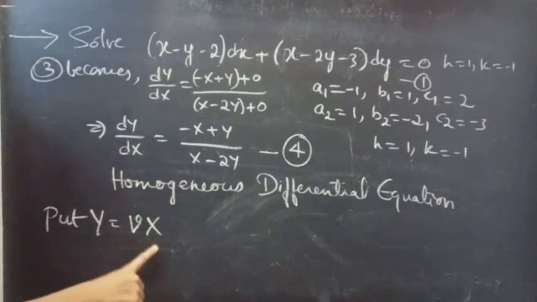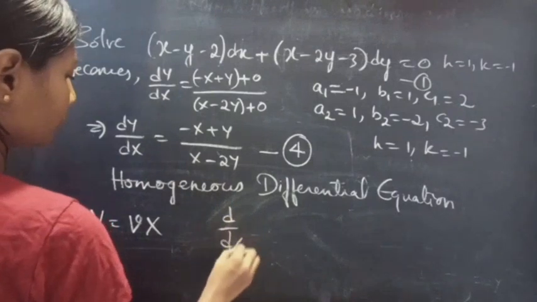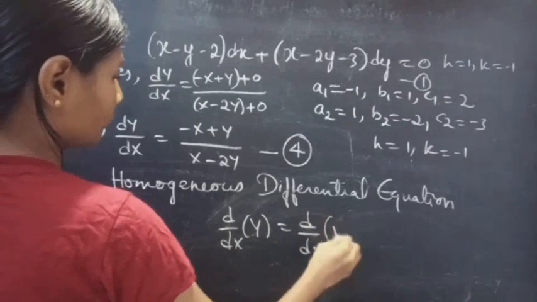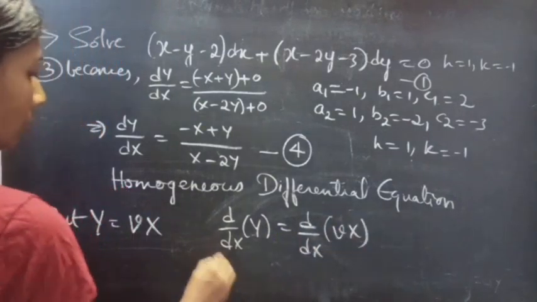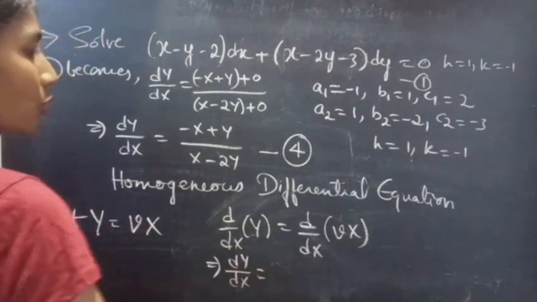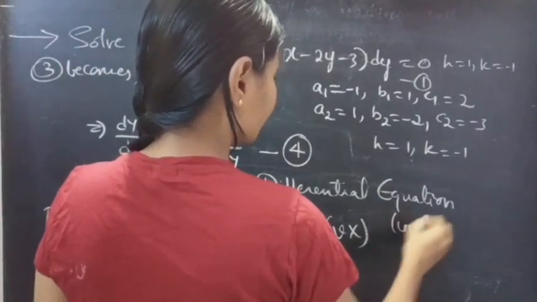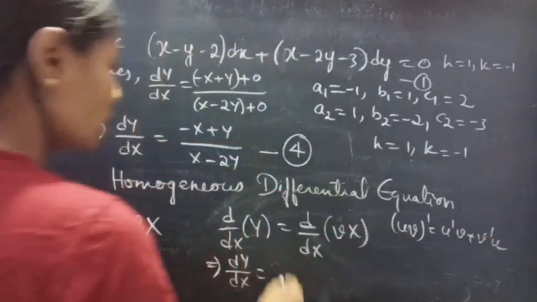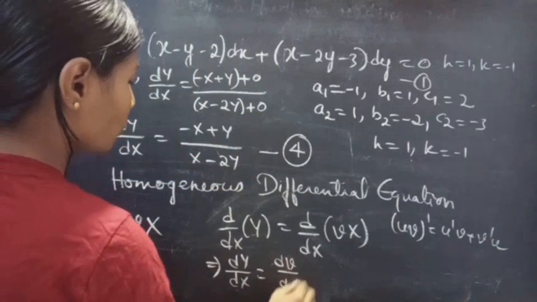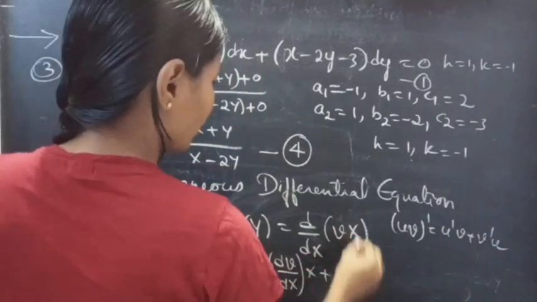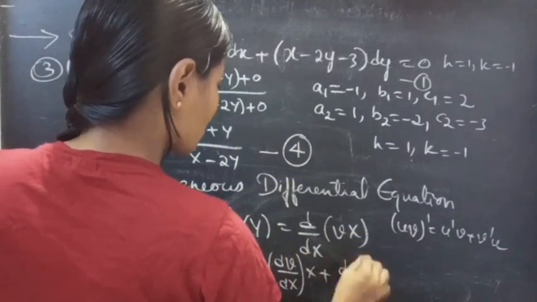Now differentiate on both sides with respect to x. Then dy by dx equals, here we'll use the uv whole dash formula, which equals u dash v plus v dash u: derivative of v with respect to x into x plus derivative of x with respect to x into v.